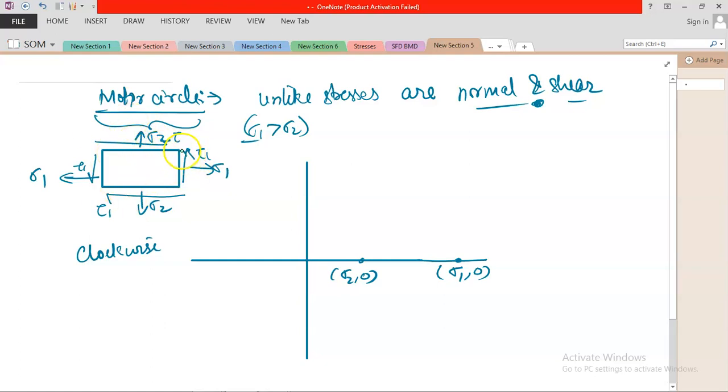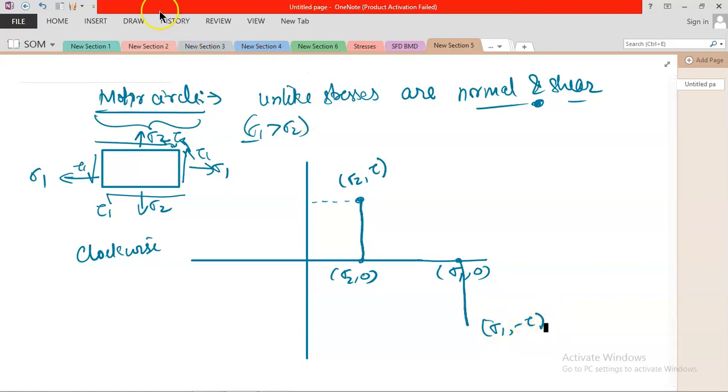At this point, draw a line vertically upward, and here draw a line vertically downward, because this is negative and this is positive. Now this coordinate is sigma 2 comma tau, and this coordinate is sigma 1 comma minus tau. Now what you need to do is draw a line in between.